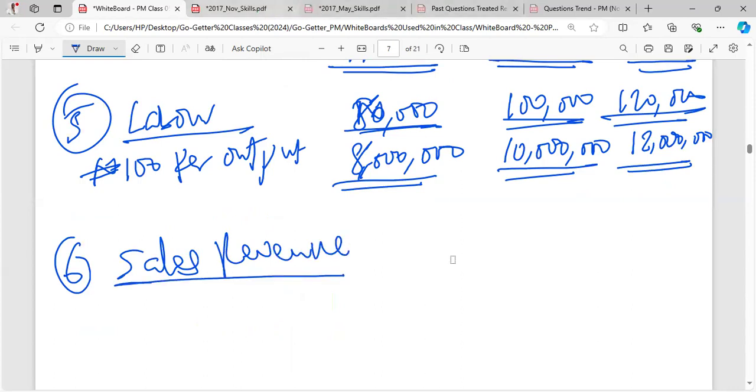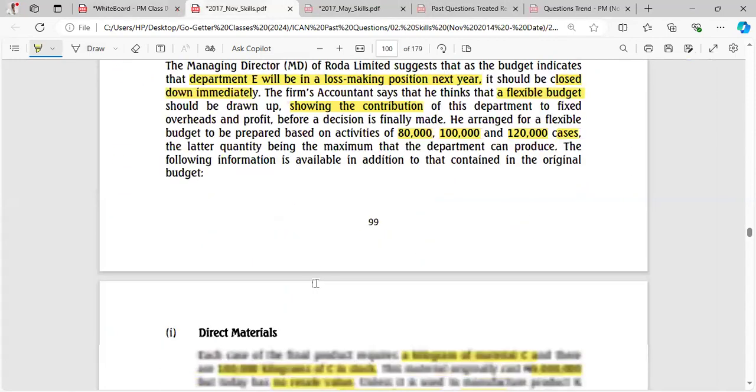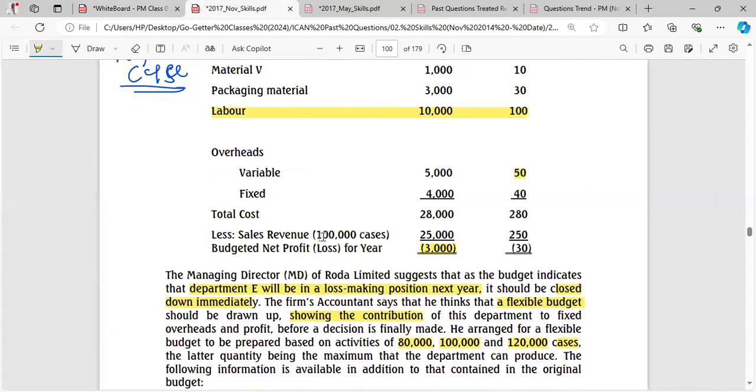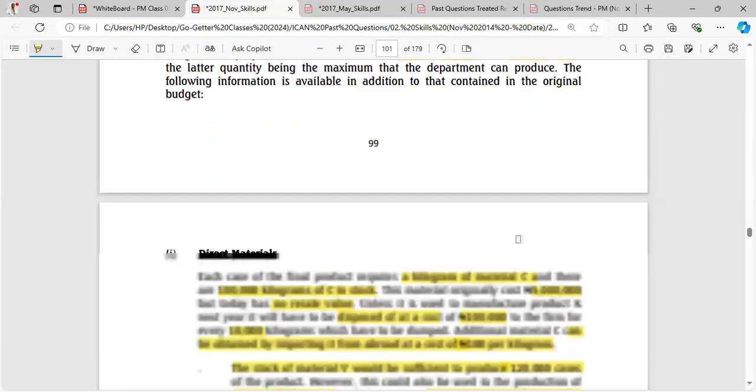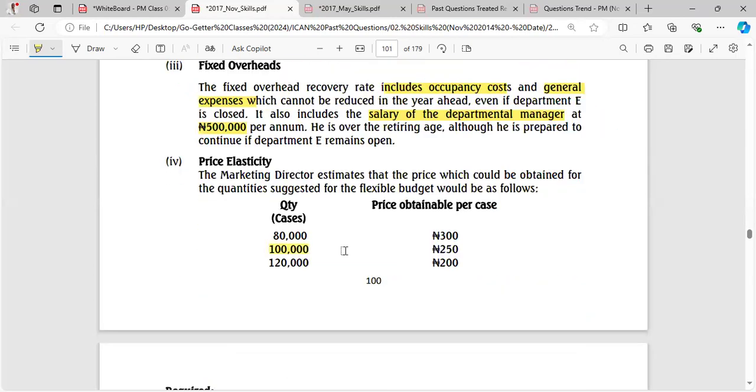Okay, so we are given 250 naira per case. But let's see what is happening here. For this 100,000, you can see it was 250 naira per case. For 80,000, it was 300, and for 120,000, it was 200.